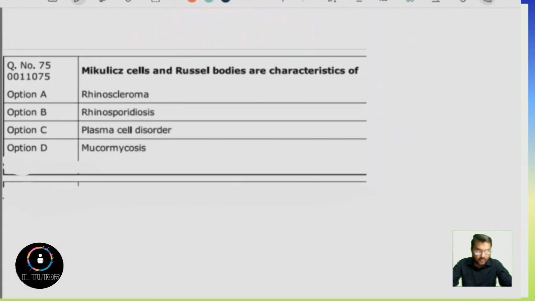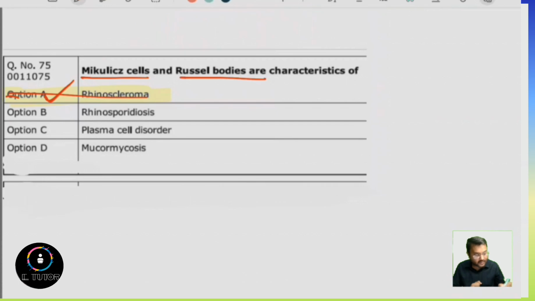Mikulicz cells and Russell bodies are characteristics of. So among the given options, rhinoscleroma is the correct answer, because Russell bodies and Mikulicz cells are found in rhinoscleroma. So option number A will be correct.